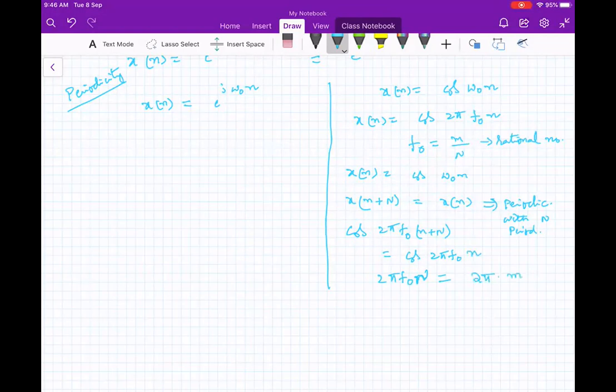Is it fine or not? Those who are not very clear with this should be able to understand. So if there is any difficulty in understanding, you should immediately tell. So f naught has to be m by N, where m and N are integers.